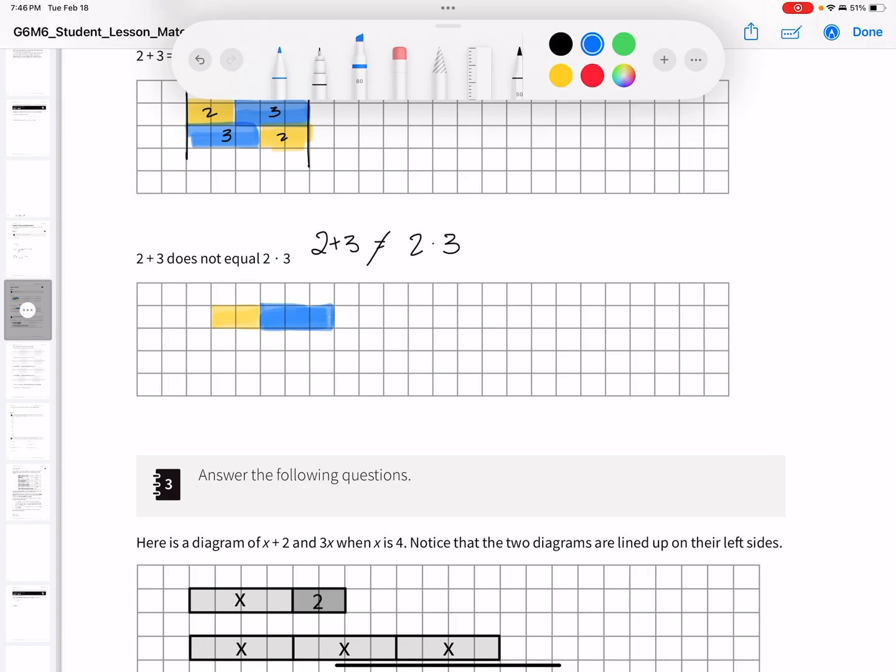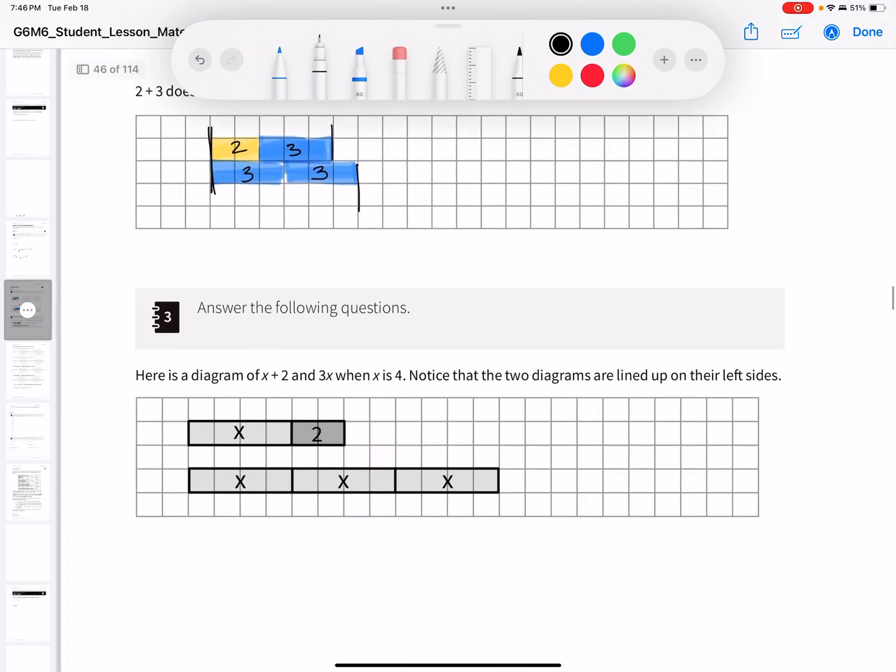So here we go. 1, 2, 3, 1, 2, 3. So I have my 2, I have my 3, and I have 2 copies of 3. If you notice, they start at the same place, but they end at different places. So they are not equal. So we need to understand there are differences in addition and subtraction, etc., and multiplication and division.